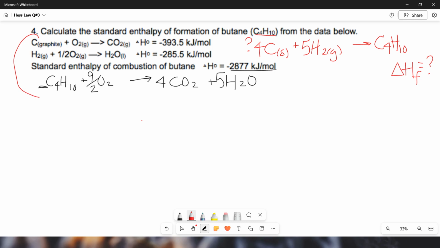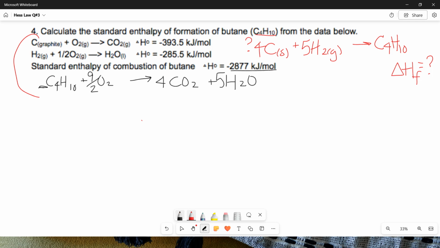So let's look at what we're trying to achieve here. First of all, looking at the reactions that were given, we want to have the butane, C4H10, on the product side. But if you look in the given reaction, it is on the reactant side. So this reaction must be turned around when we finally write it in Hess's law. What else do I need to do?